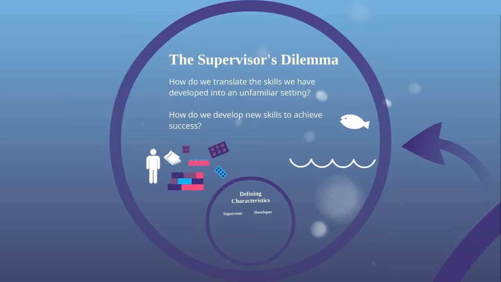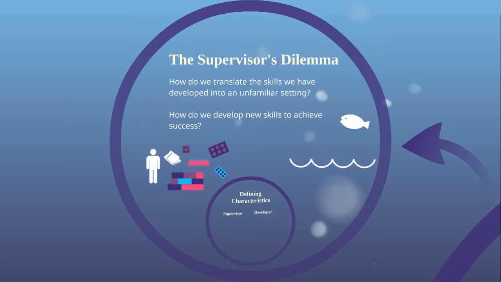So the two questions that we're asking are, how do we translate the skills we have as supervisors into an unfamiliar setting like program development? Everybody develops a program for the first time once. So even experienced developers had a time where they had never developed a program before. And so how do you exist in an unfamiliar setting, and then how do we develop new skills to achieve success?